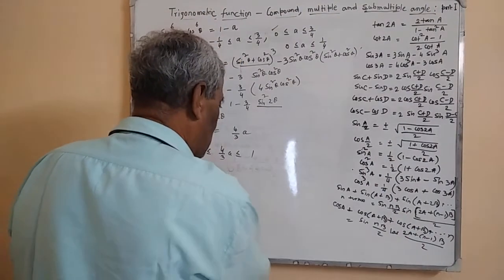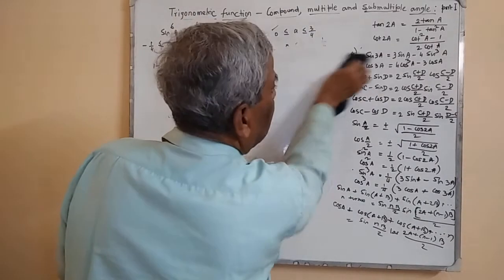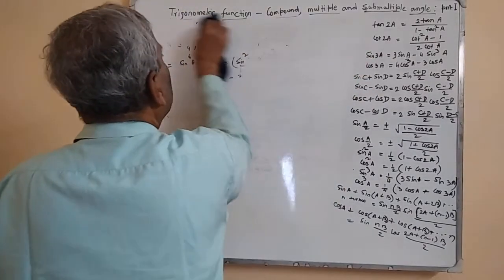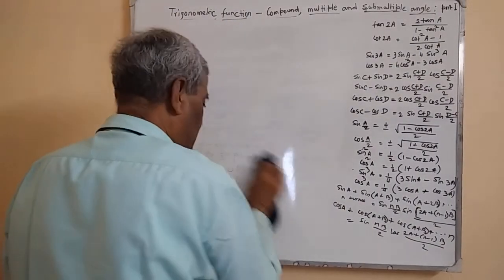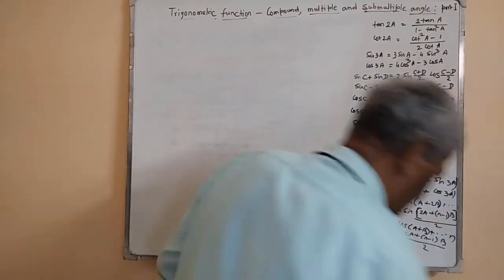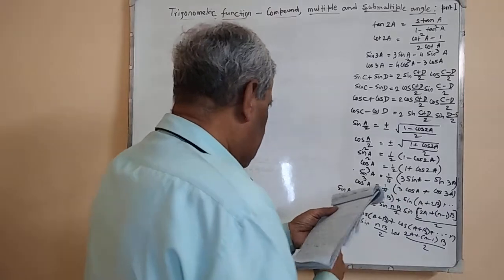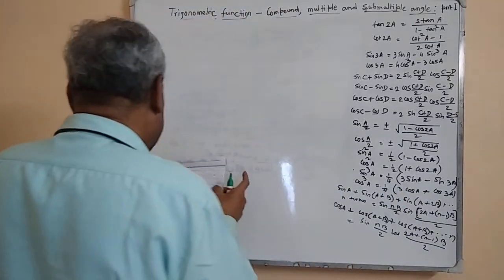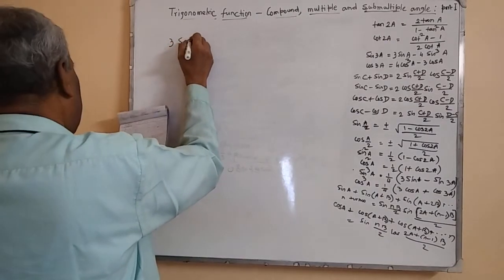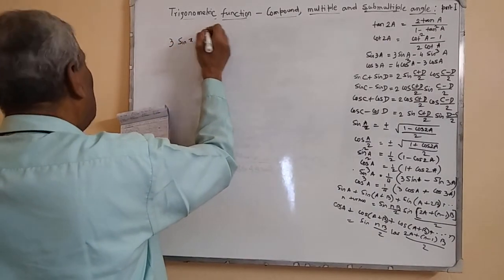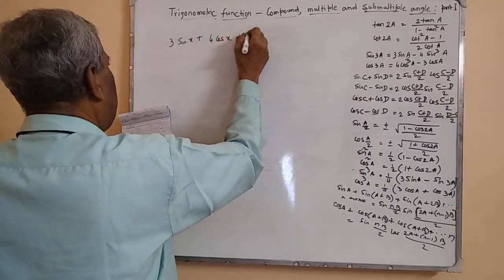Okay. Now let us go for the next problem. The maximum and minimum value of 3 sin x plus 4 cos x plus 7.